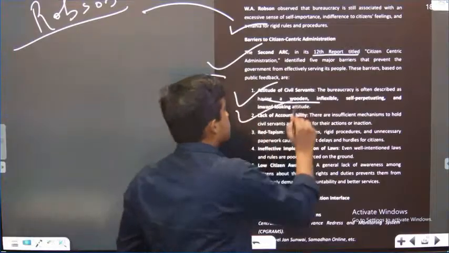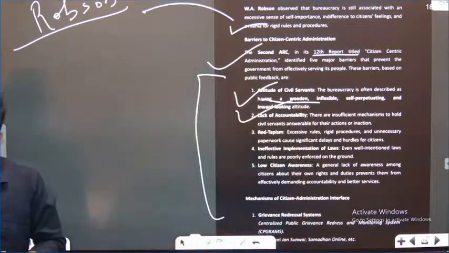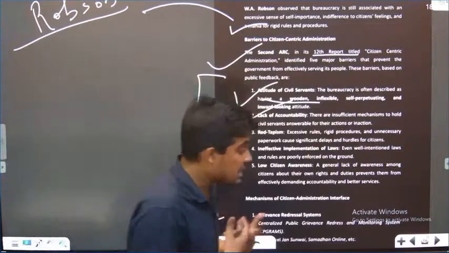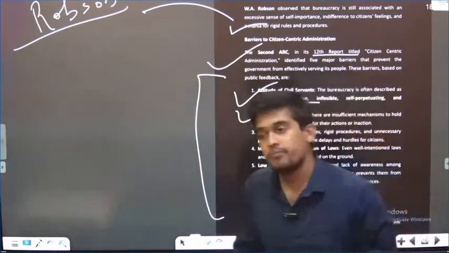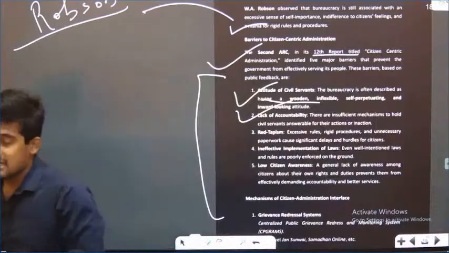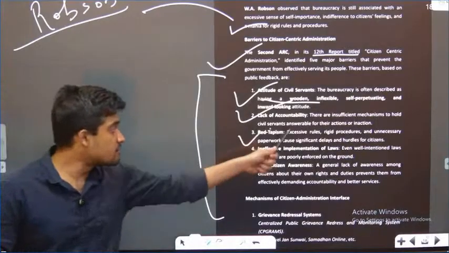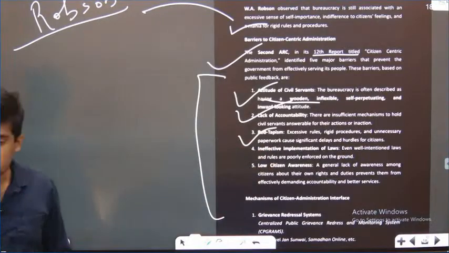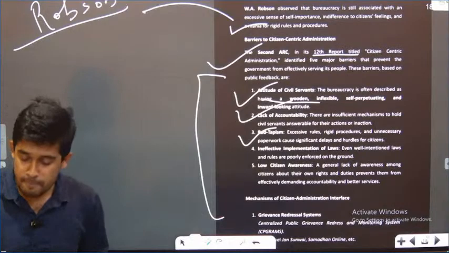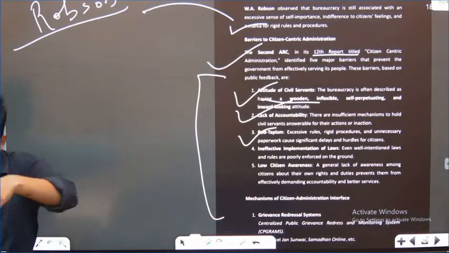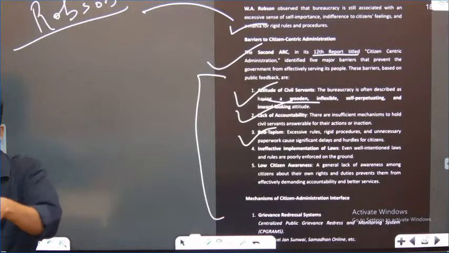Then there is something called lack of accountability. Whatever work they do, they are not accountable, or nobody holds them accountable. Then there is red tapeism. You have seen government files have that red tape on them to tie.